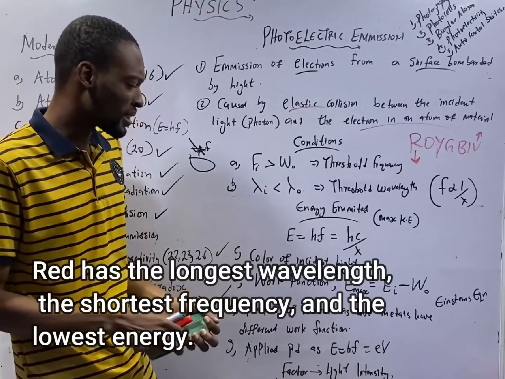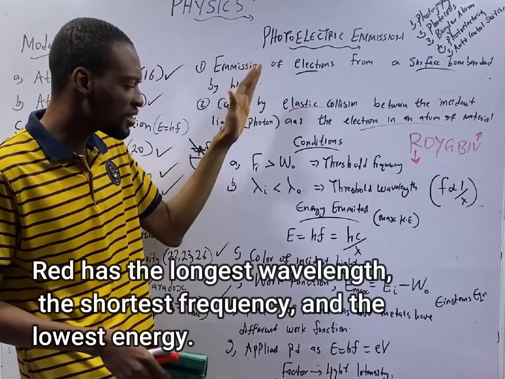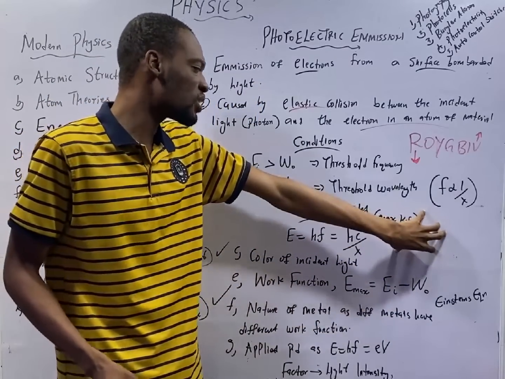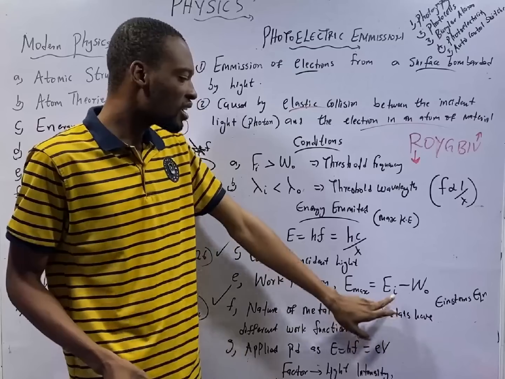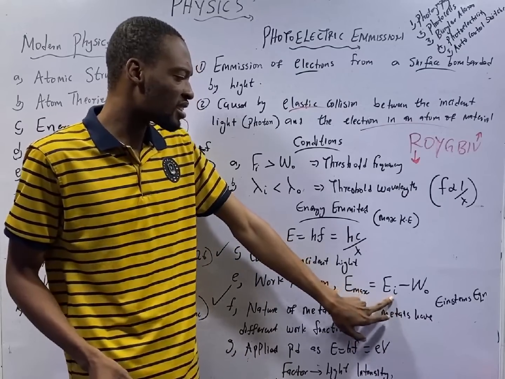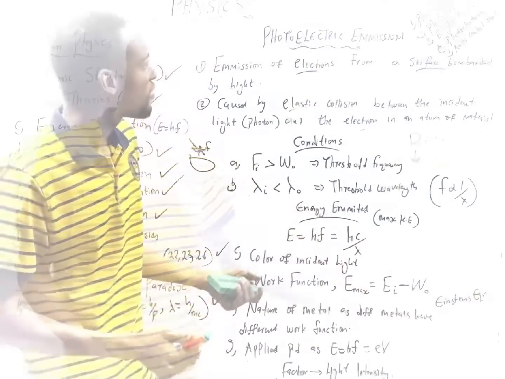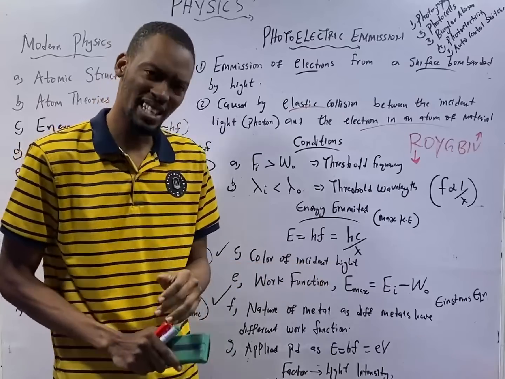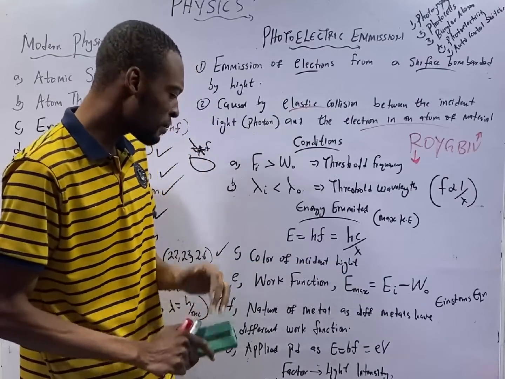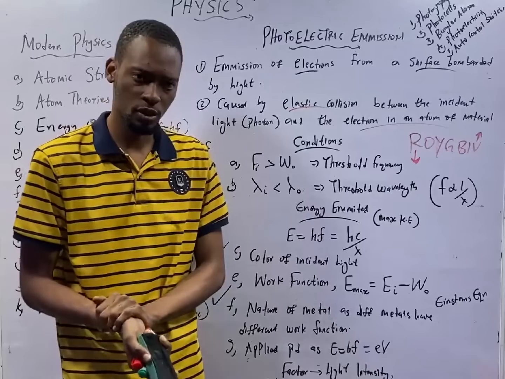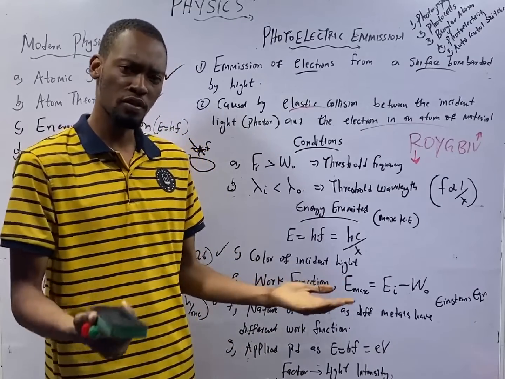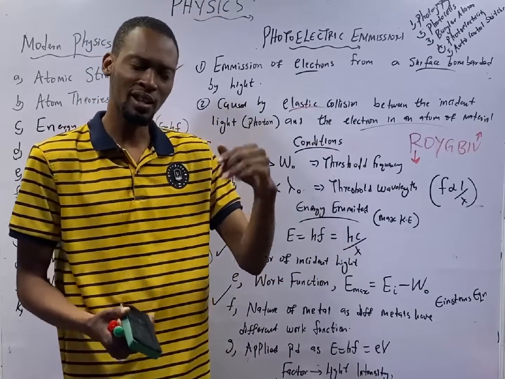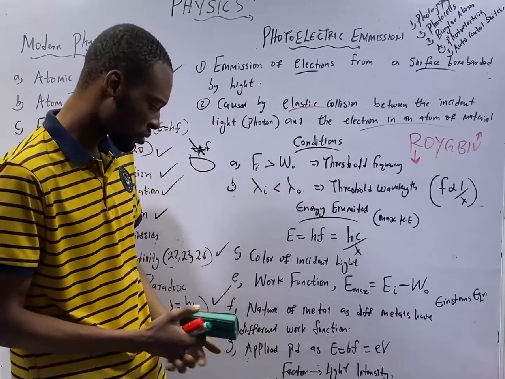Work function of the material determines the photoelectric effect. This is because the maximum kinetic energy, which is the energy emitted, is energy of the incident light minus the work function. Photoelectric emission also depends on the nature of the metals, because different metals have different work functions. A metal with a smaller work function will easily emit electrons compared to a metal with a very high work function.